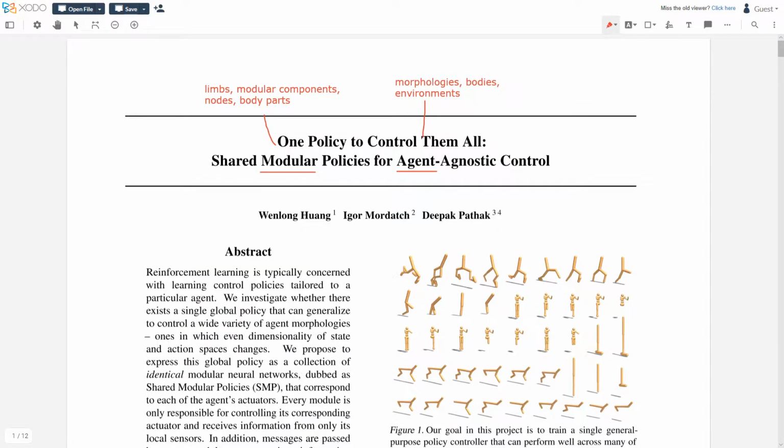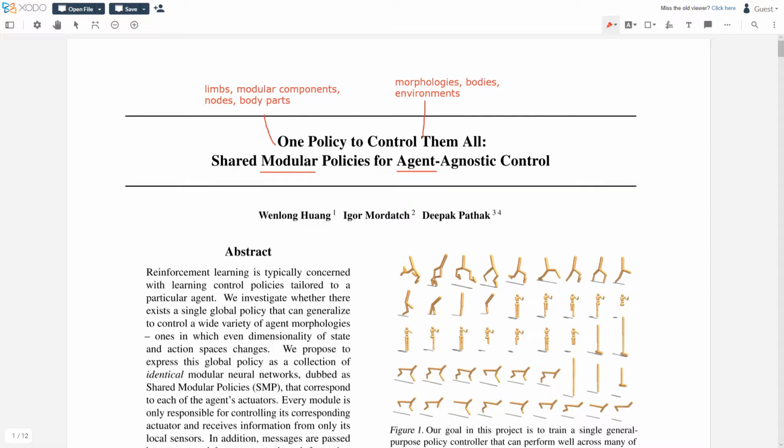Okay, now we have the basic ideas of this paper. So let's read it again more critically. The title of this paper is One Policy to Control Them All, Shared Modular Policies for Agent-Agnostic Control. Here, the author used modules and agents.